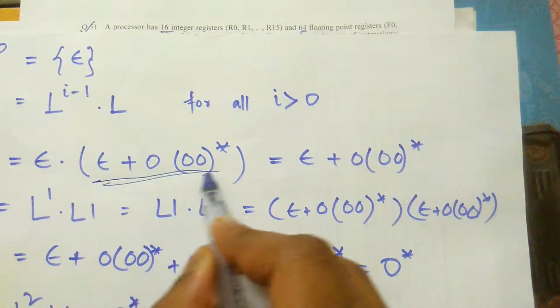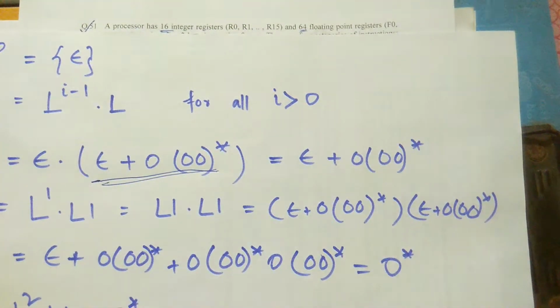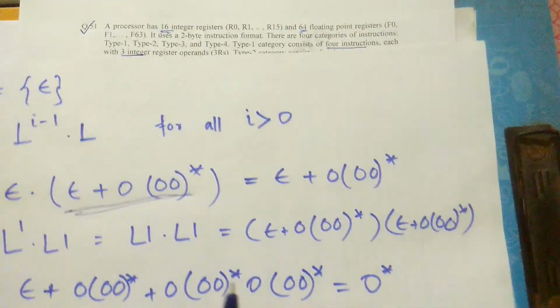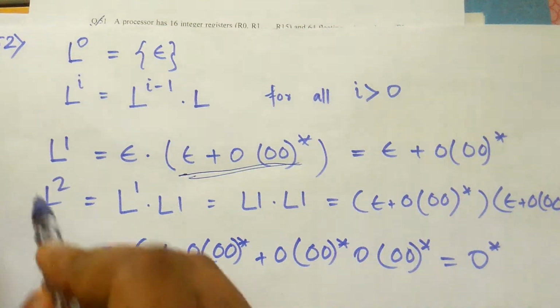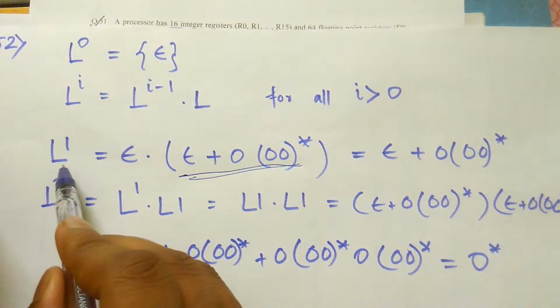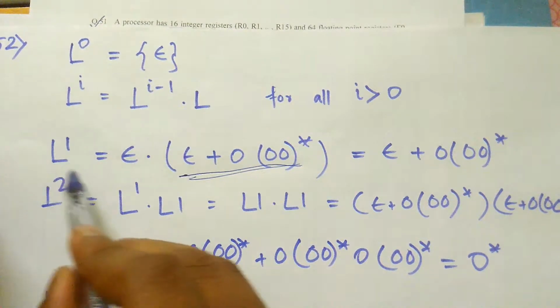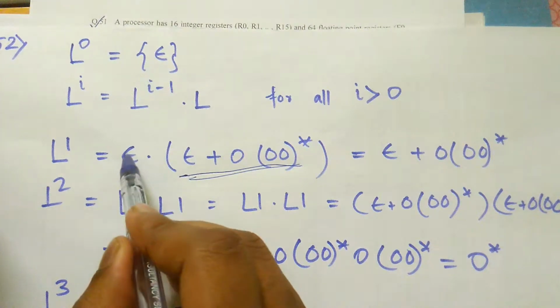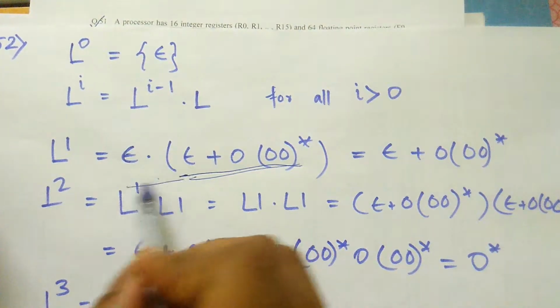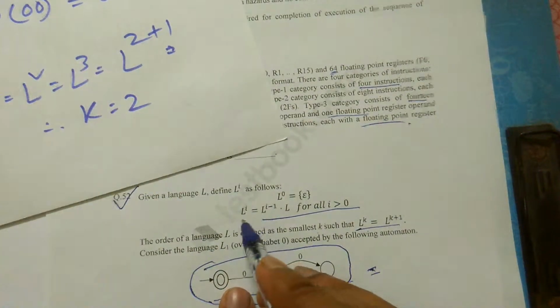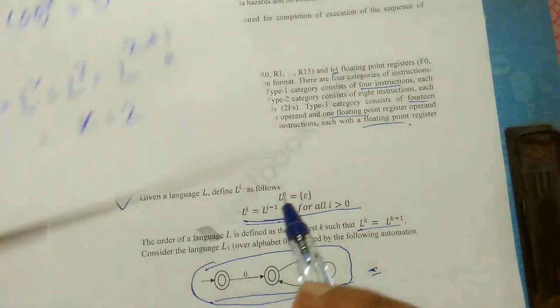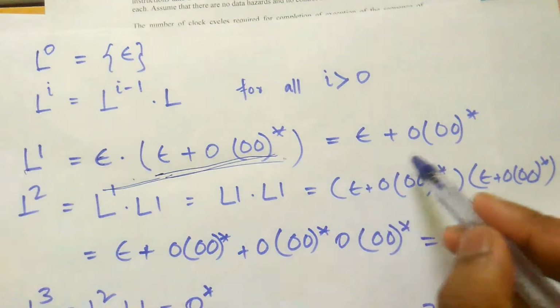So this is the language we can get from the diagram. Now L1, L to the power 1 equals epsilon into this value. So we will get the equation from here, and from the equation we will get L1 equal to this.